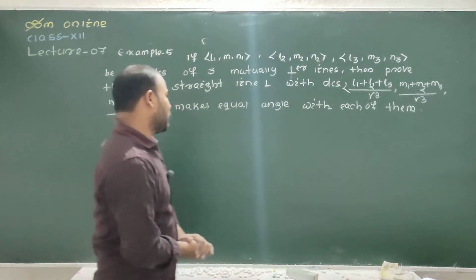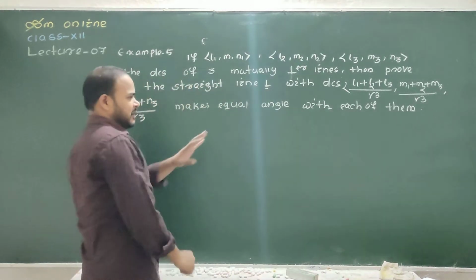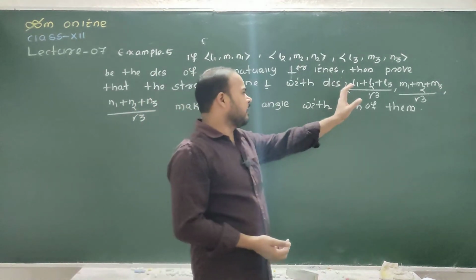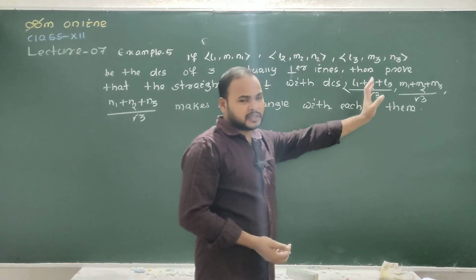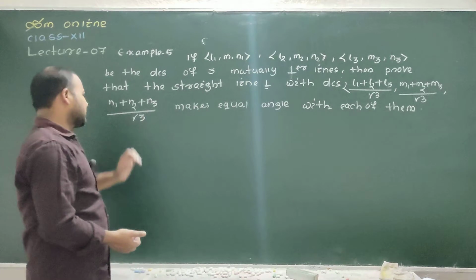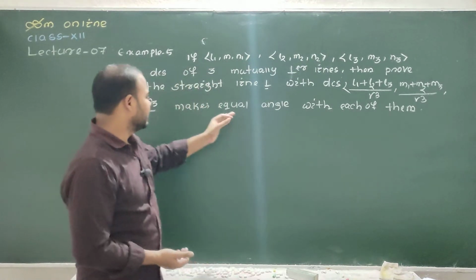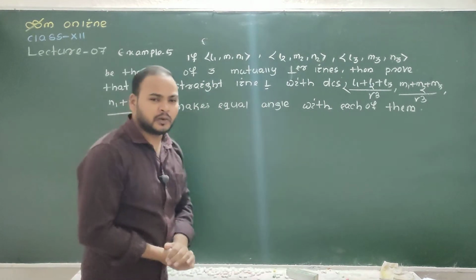And there is another straight line L having DCs (L1 plus L2 plus L3) by root 3, (M1 plus M2 plus M3) by root 3, and (N1 plus N2 plus N3) by root 3. We have to prove that it makes equal angle with each of them.